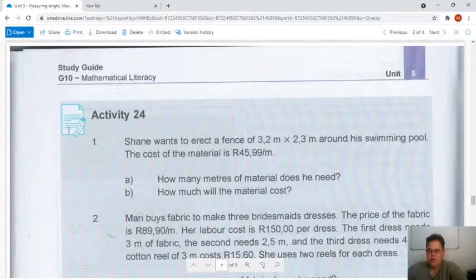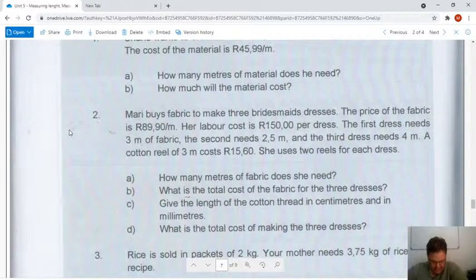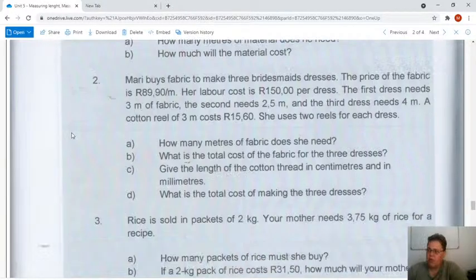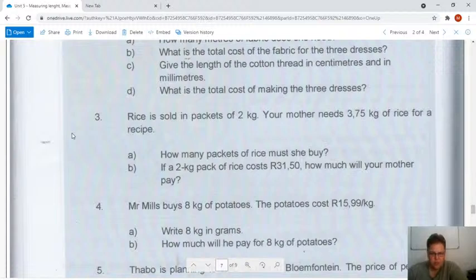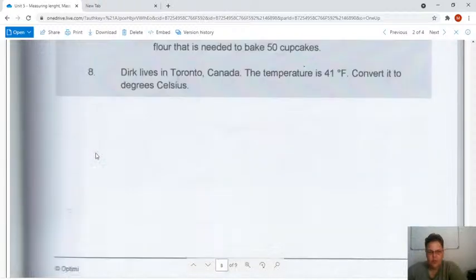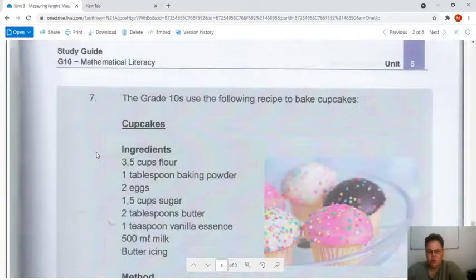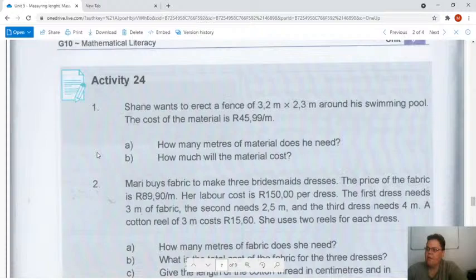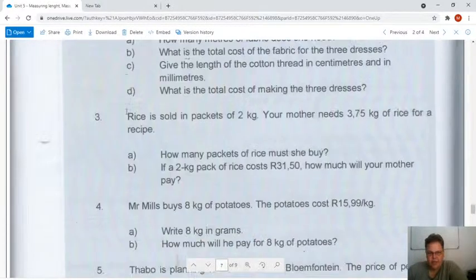It's on the cloud. Please, can someone just let me know if you have this open on your screens in front of you, or you can get to it, before I end this stream. There is quite a bit to do. You can work together as a group. Please make sure your answers are written in your book, marked activity 24, and then your answers below that.